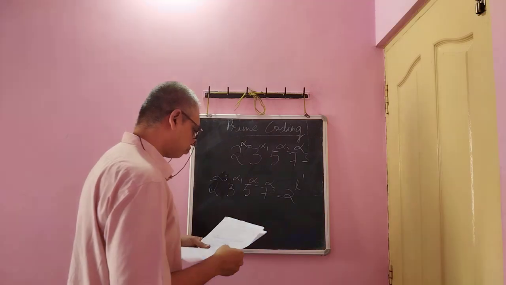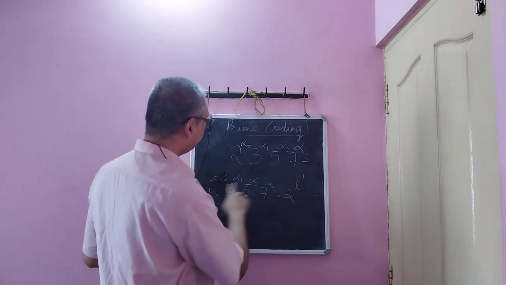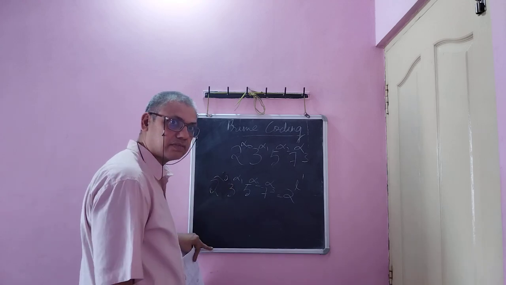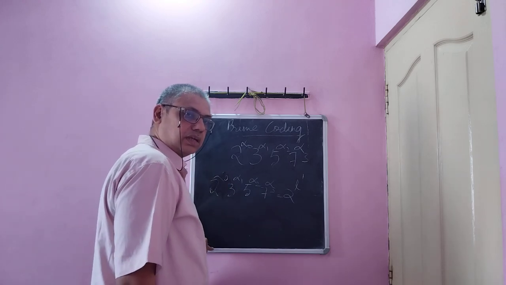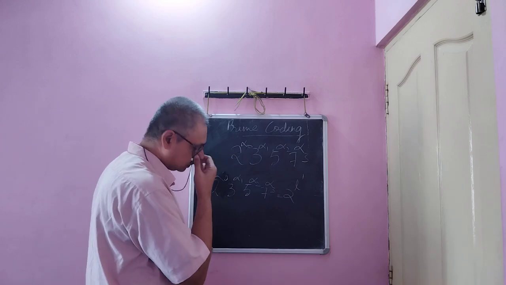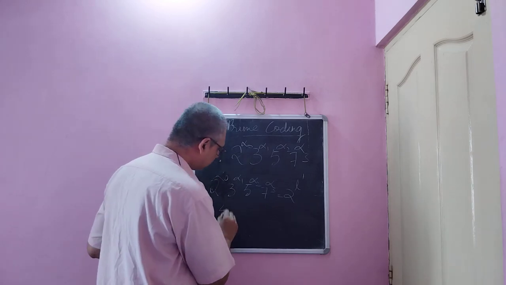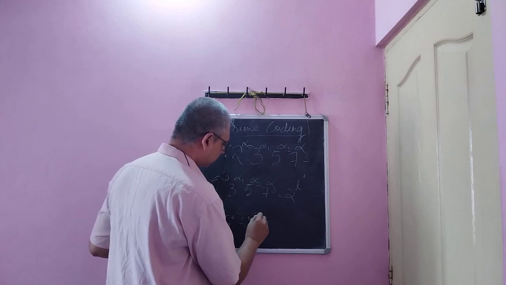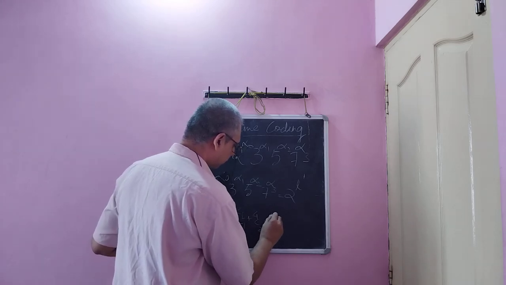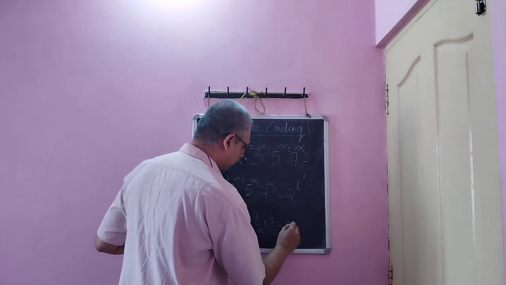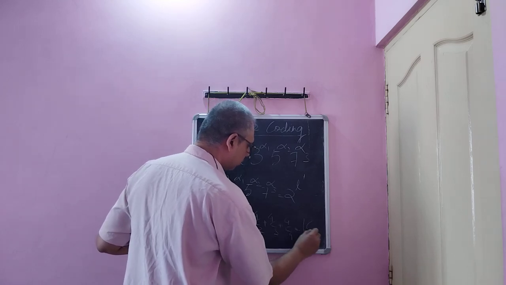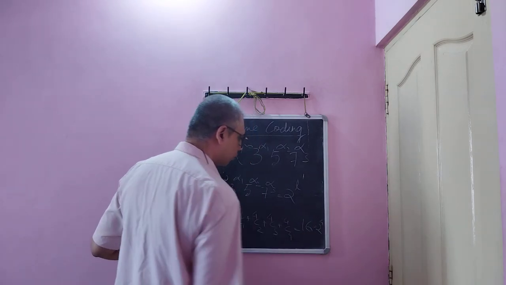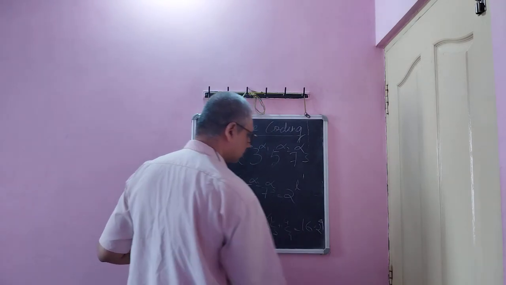Now since there are 4 factors here, 2, 3, 5 and 7 with their respective powers alpha naught, alpha 1, alpha 2, alpha 3, in all, how many combinations? 4C0 plus 4C1 plus 4C2 plus 4C3 plus 4C4 equals 2 power 4, or 16 combinations exist.